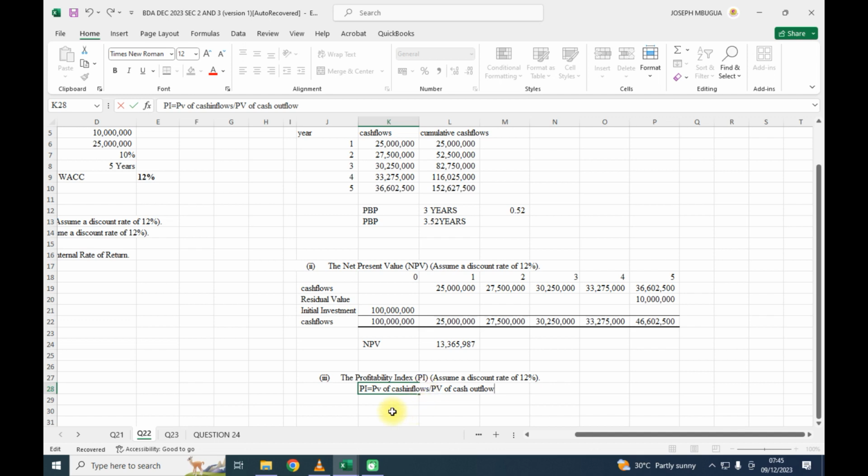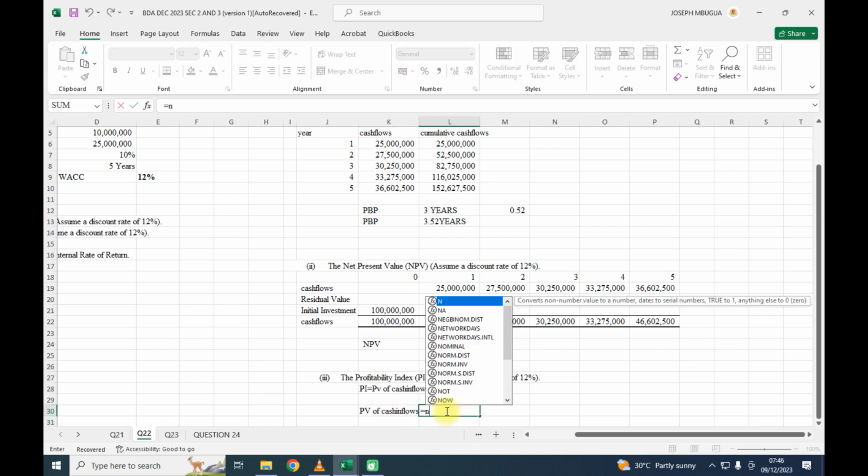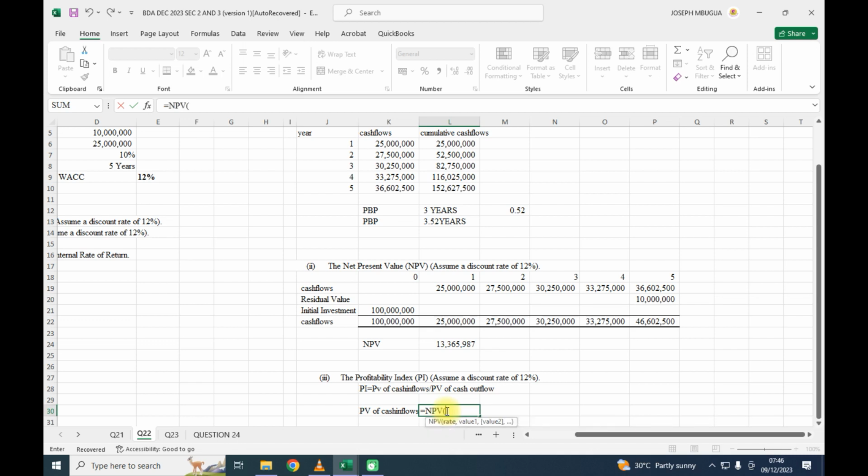So our PV of cash inflows is whatever we have calculated here, and I can just calculate using the NPV. Let me see whether it will change. My rate is 12.